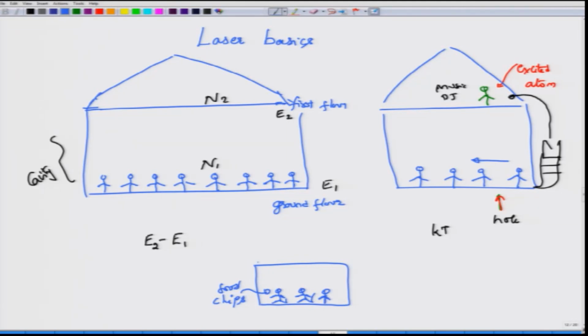Okay. And of course, you still have the first floor where one person is definitely enjoying music, not caring about the chips. Okay. So, what you have seen is a very interesting phenomenon. The person here moves to the left and starts eating the chips, because she cannot move to the left anymore. But the idea is that as the person moves to the left, the vacant space has moved to the right.